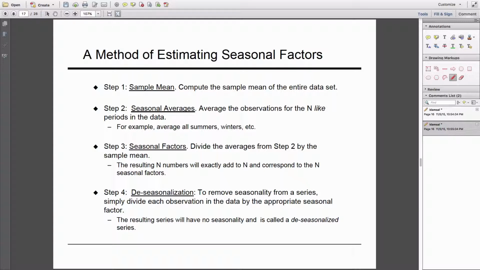The resulting n numbers will add exactly to the value n and will correspond to n seasonal factors. It will make sense in a bit. And the final step is what we call deseasonalization. What do I mean by deseasonalization? I have removed seasonality from the data set. It sounds like I'm doing things back and forth, but it will make more sense here.